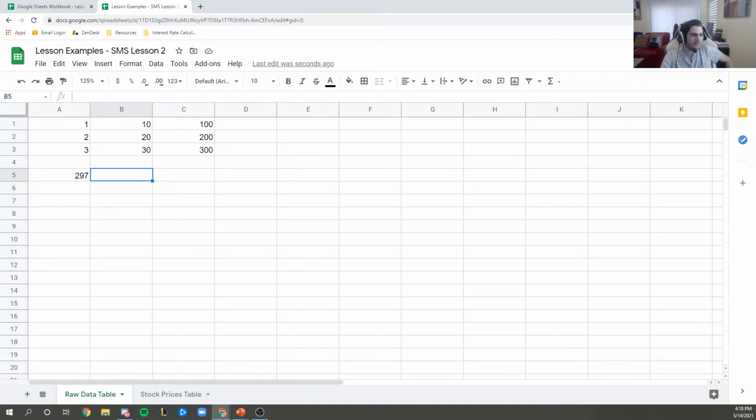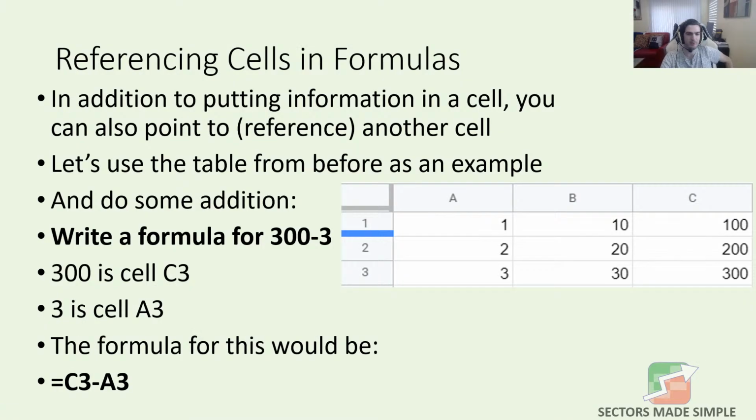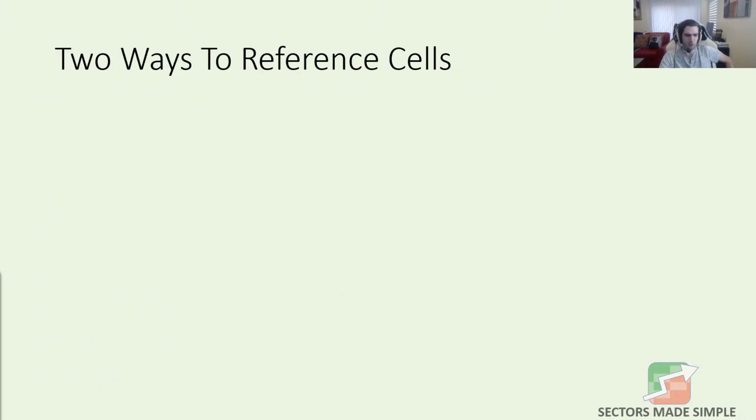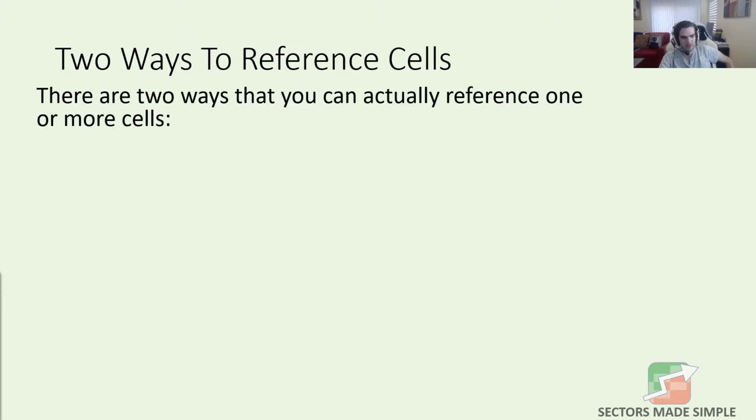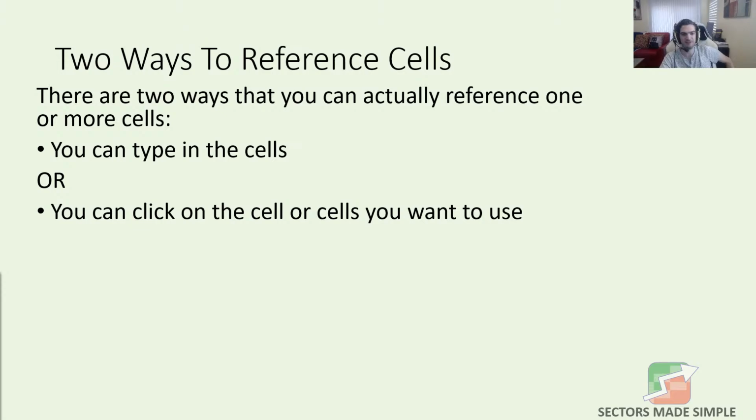The reason that this is very cool and very useful is not just in being able to do the very simple this minus this, but there's more than one way to tell it where you want it to point. Just like I did right there, you can type in C3 minus A3, or you can click on the cell that you want to use.